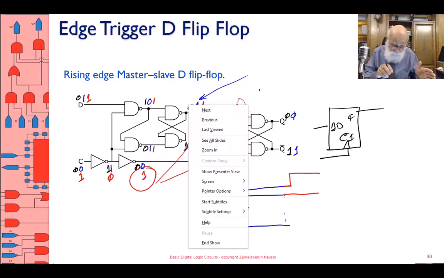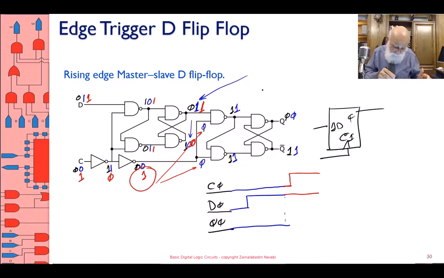Now, since this becomes 1, this becomes 1, now you're seeing the effect of that big red one on the master. The effect of that goes into this. This 0 goes into this. I have 0, 1, and therefore the 0 here causes this to become 1.